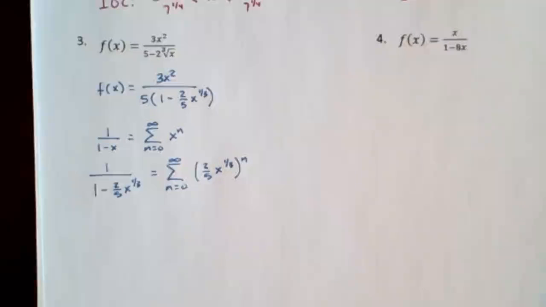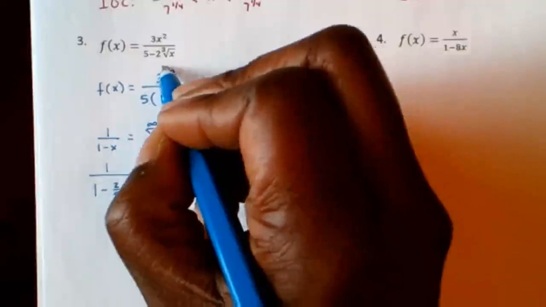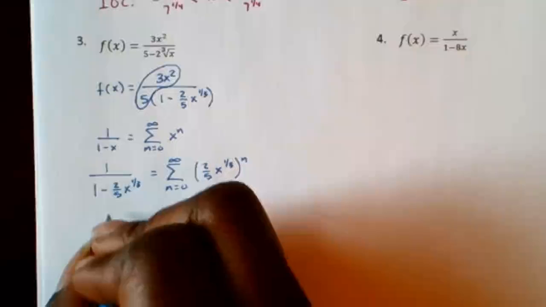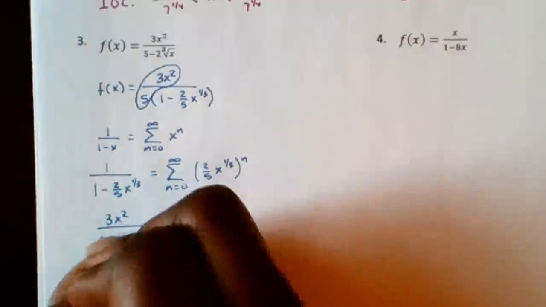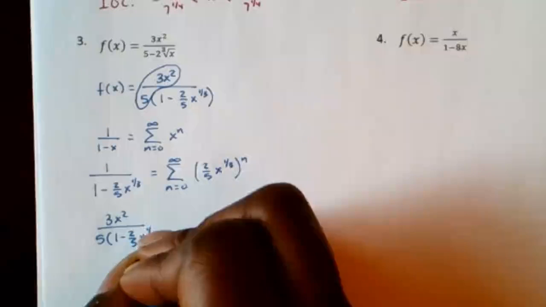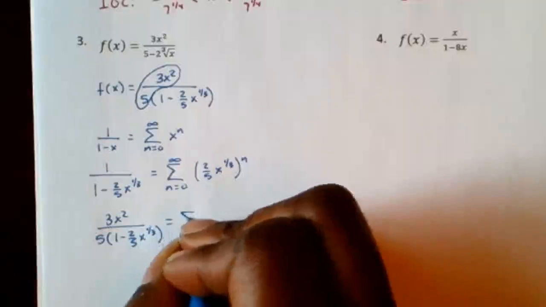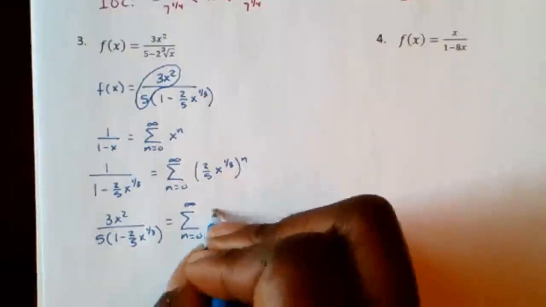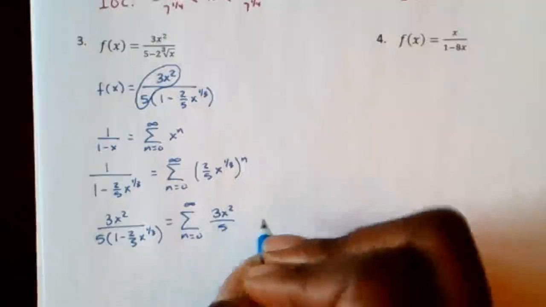Now the last part of this series, I need to multiply my entire function by this 3x squared over 5. So I get 3x squared over 5 times the 1 minus 2/5 x to the 1/3 equals the sum, n equals 0 to infinity. And again, all I did here was multiply by that 3x squared over 5.